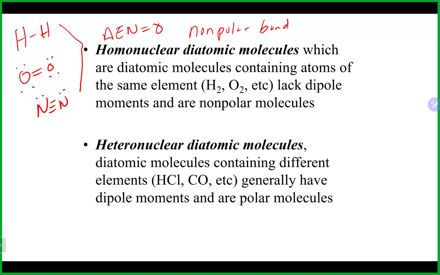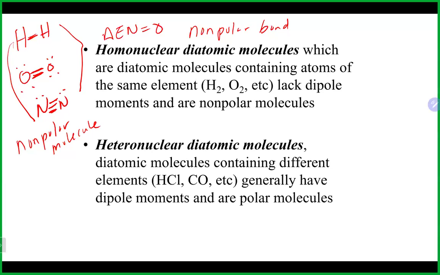So that single bond, that double bond, that triple bond, those are all considered nonpolar bonds, equal sharing of electrons. In each of these cases, how many total bonds are there in these molecules? Each one has a total of 1, which means if that one bond is nonpolar, it would make sense that the entire molecule would also have to be nonpolar because that is the only bond present. So this would all be a nonpolar molecule because the only bond present is nonpolar.